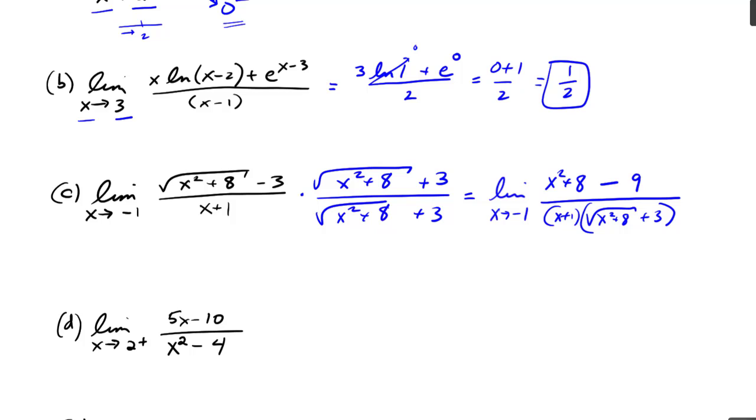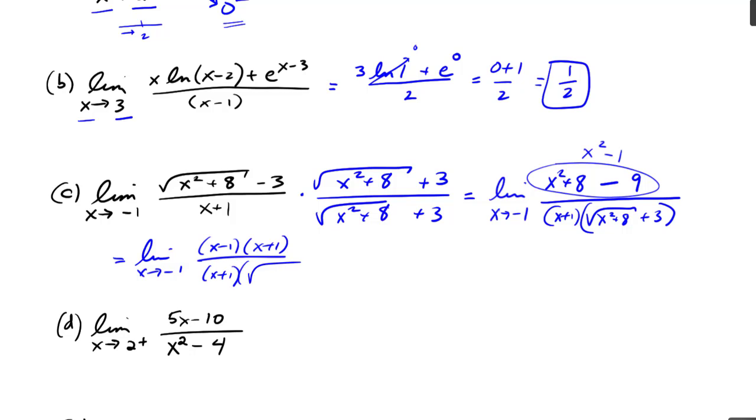Okay, so now we keep going. This top is going to be x squared minus 1. So I'm going to get, x approaches negative 1, x minus 1 times x plus 1 over x plus 1 times the square root of x squared plus 8, all plus 3.